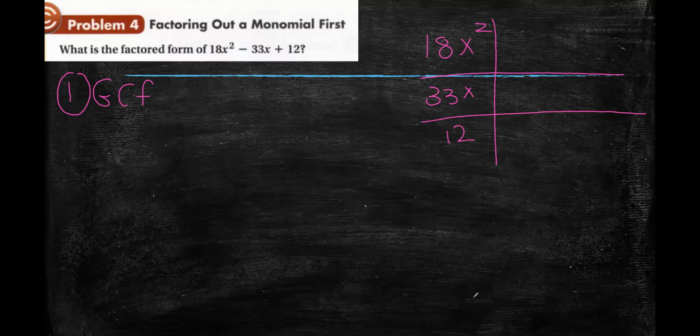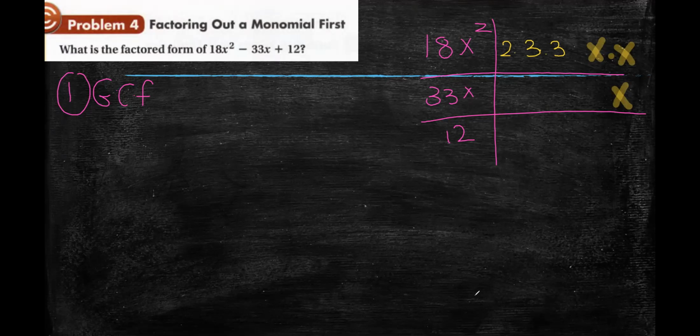Then after that, let's factorize the first one. I have 18. Give me all the numbers that if you multiply them, you get 18, and the prime ones. 2 times 3 times 3.